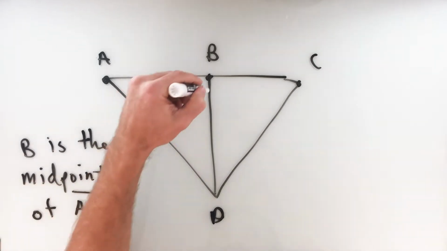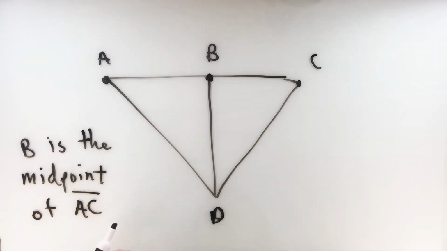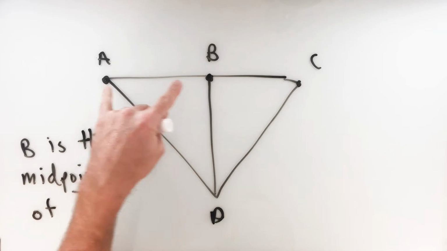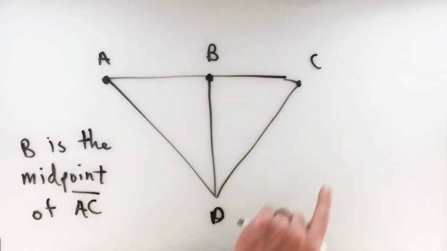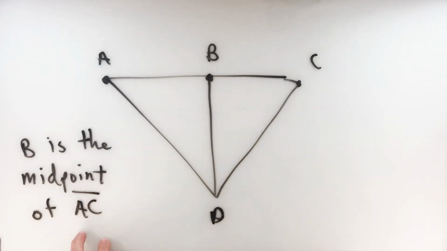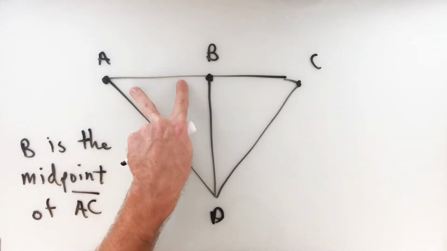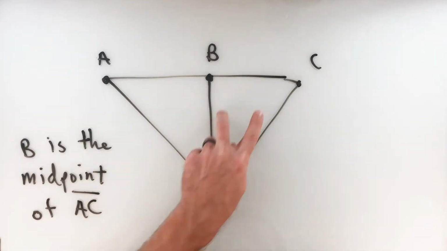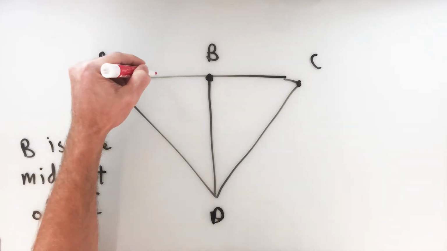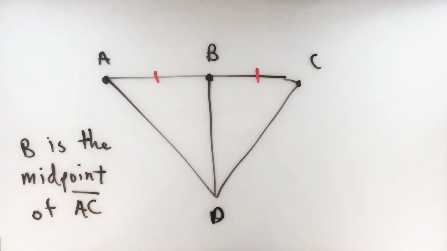So if you know what a midpoint is, it is exactly what it sounds like it is. B is the middle point halfway in between points A and C. So what does that tell us? That means that this segment here, segment AB, and this segment here, segment BC, have to be the same length. Okay, so those two segments right there would be considered congruent to one another.